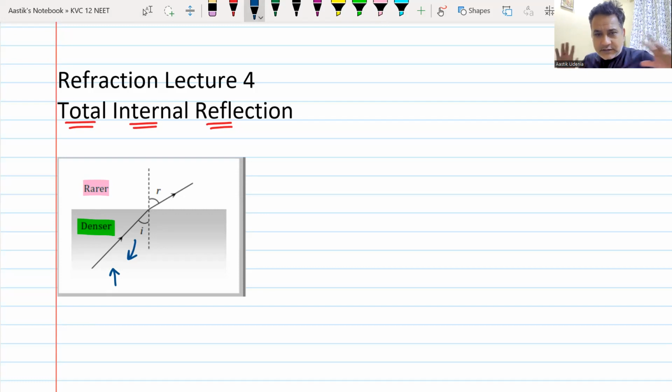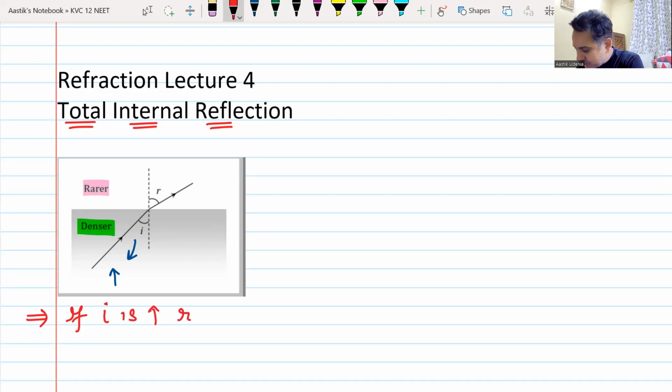I have an angle of incidence in the first medium, the denser medium, and an angle of refraction in the second medium, which is the rarer medium. The light has bent away from the normal. If angle of incidence is increased, the angle of refraction also increases.